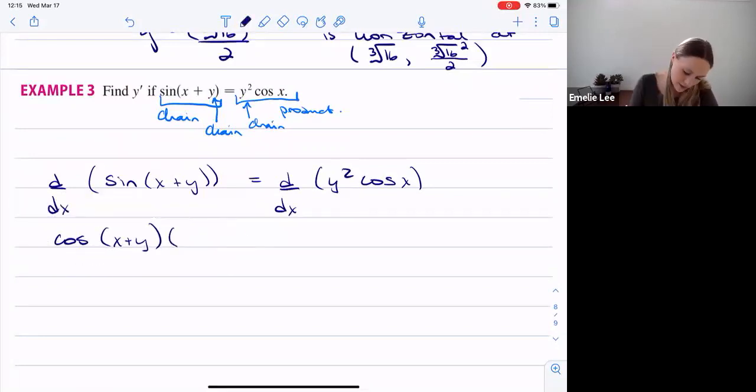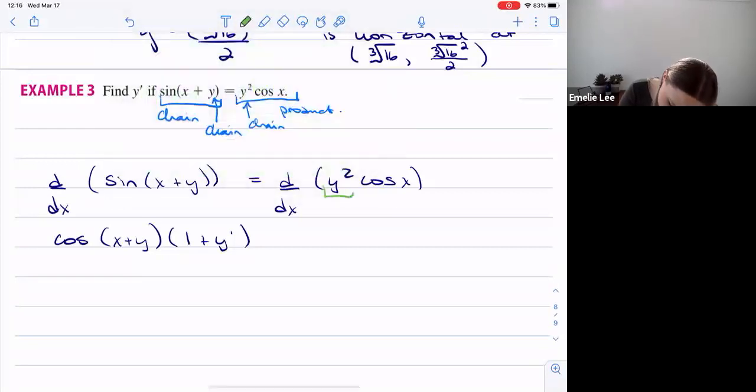Times the derivative of the inside, which is going to be, I have an extra step in the notes that I did here, but I think we can just go for it. The derivative of the inside with respect to x is just going to be 1 plus y prime. Maybe that'll make it a little bit nicer to look at later too.